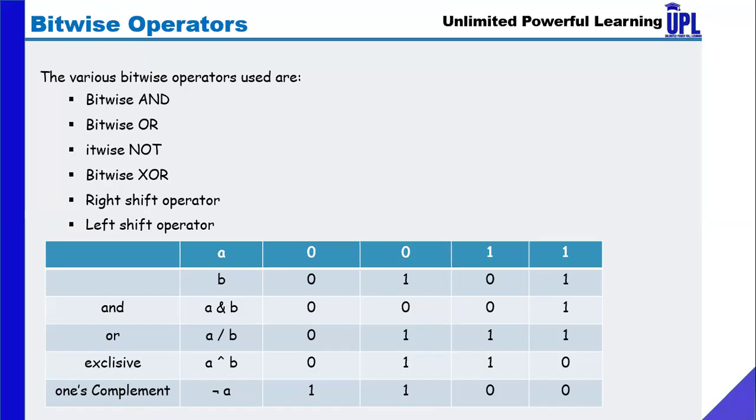But what is the use of doing all these things? We use them to check whether a bit is set. For example, in an embedded system, if I want to check whether a certain bit is on or off. Also, most of the time to handle permissions in a Linux kind of environment, you should have seen chmod. We usually use read, write, execute permissions, and which permissions they have.